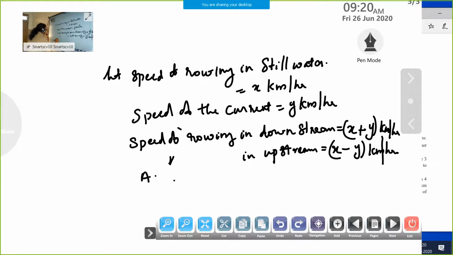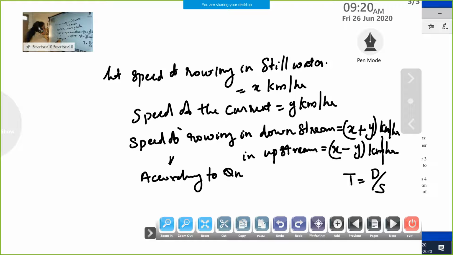According to our question, what is distance? Time is equal to distance divided by speed.